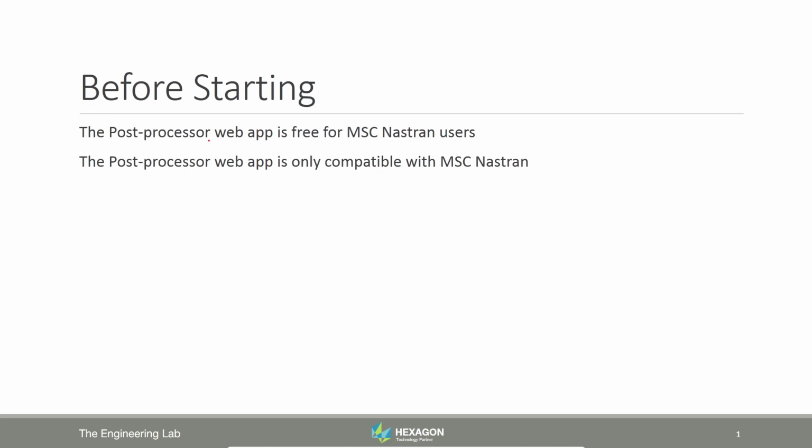So if you're a student, researcher, or professional engineer, these tools are free for you to use. Also, the Postprocessor web app is only compatible with MSC Nastran. For those who are using another type of Nastran, this tool is not compatible with those other types of Nastrans.